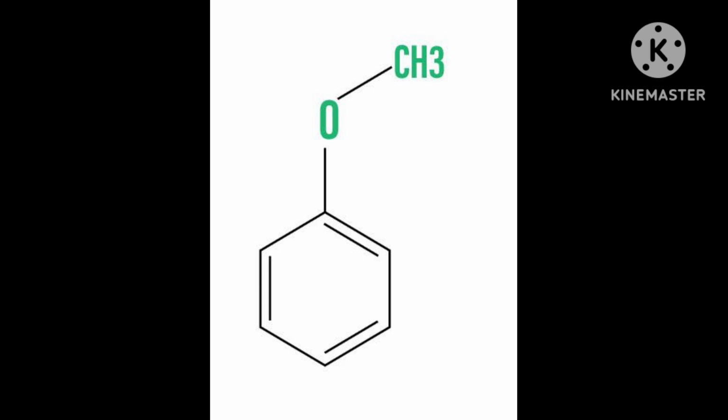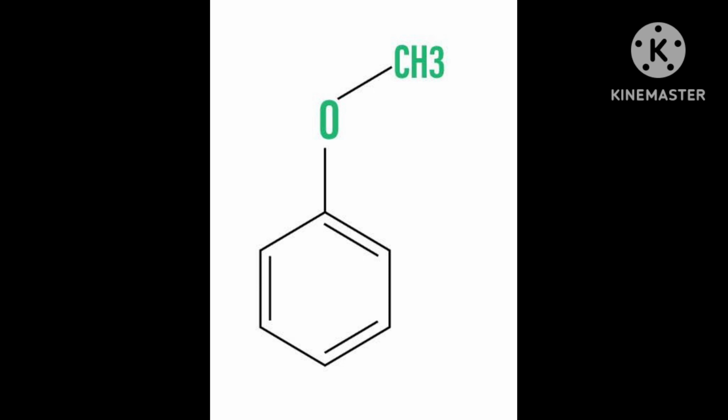Because oxygen is electronegative and hydrogen is electropositive, they will make a bond. That's why miscibility takes place. Alcohol is miscible with water, and this ether is miscible with water.